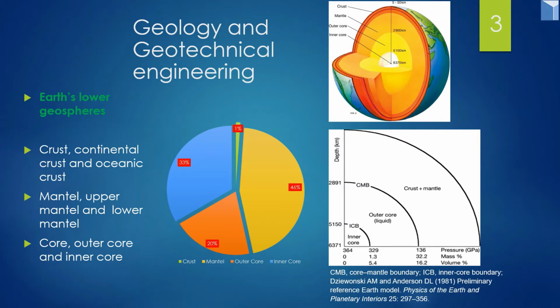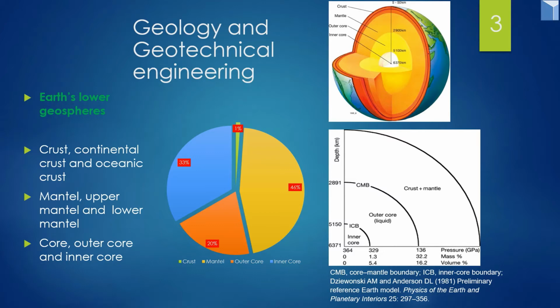We have the crust of the earth occupying 1% of these spheres, and the mantle composing around 46% of these spheres, and the outer core takes around 20% of these spheres, and the inner core is around 33% of the spheres. In many references, the outer core is a part of the mantle.